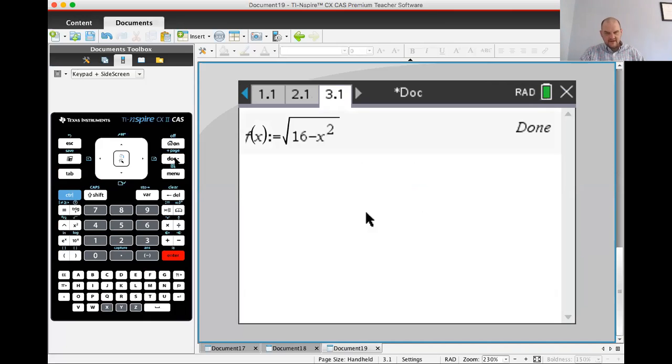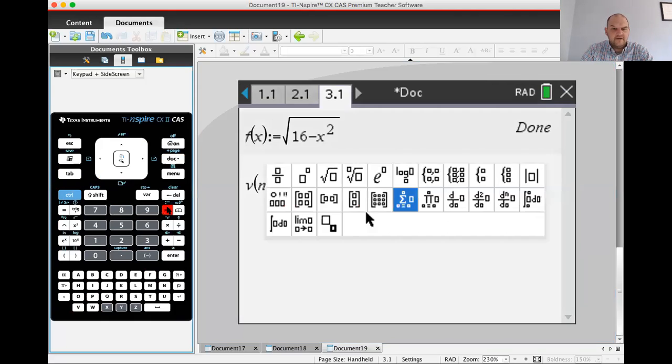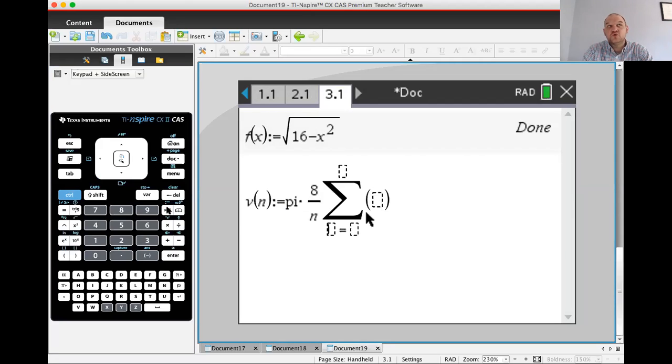Okay, and then volume as a function of n is going to be pi. Now, what I've been doing is I pulled delta x out because I want to make sure that it's being multiplied by the correct things. In this case, you could just leave it in, it wouldn't make a difference. That's really a two-curve situation.